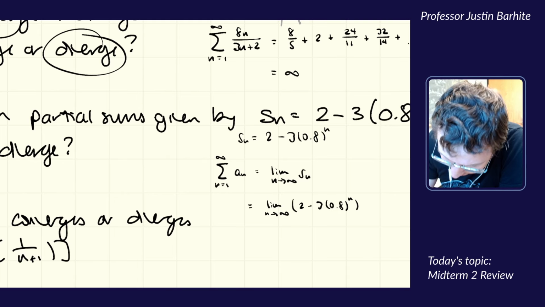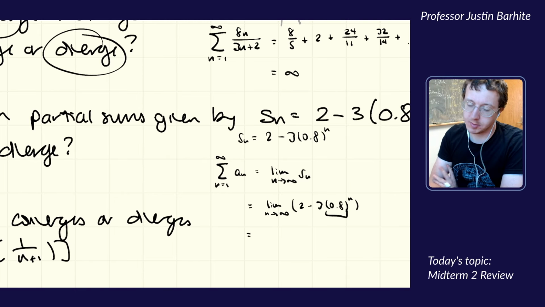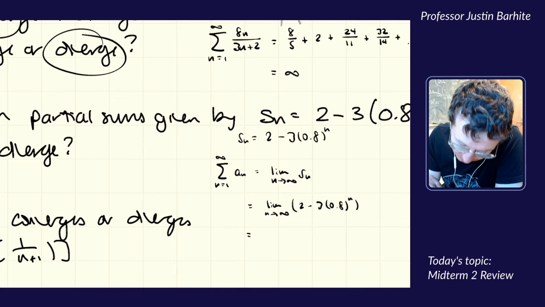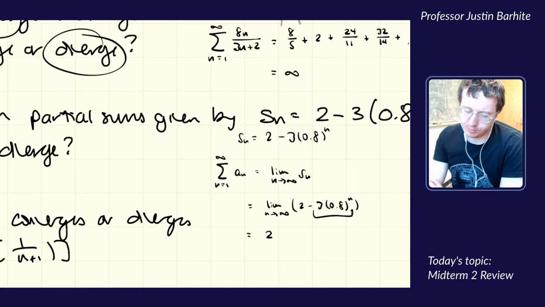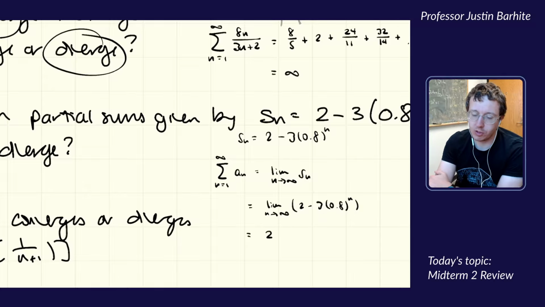And this limit does exist. When you multiply 0.8 with itself many times, the result gets smaller and smaller. So this term becomes insignificant when n is large, and overall the limit is just 2.